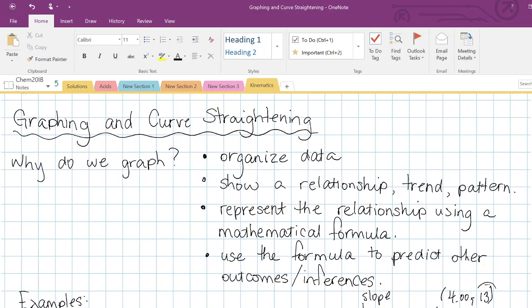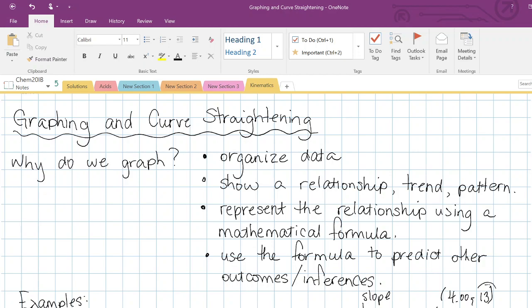But in physics, there really is a fundamental reason that we do graph, and primarily when we look at a graph, the number one thing is that it allows us to very quickly visually analyze what is happening with our data, so that we can pick out a trend, right, or a pattern.